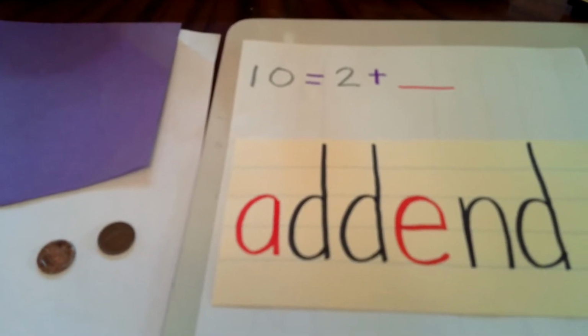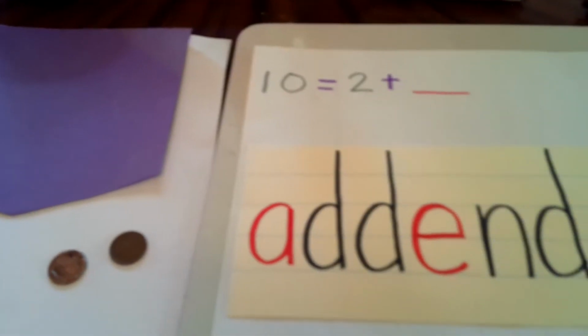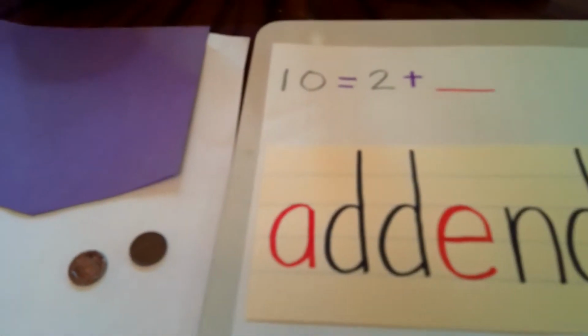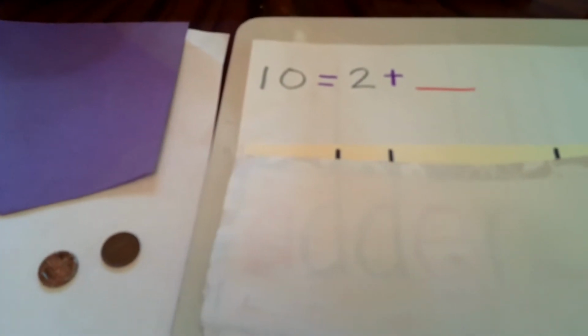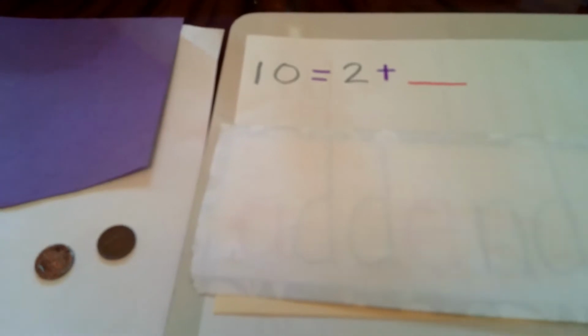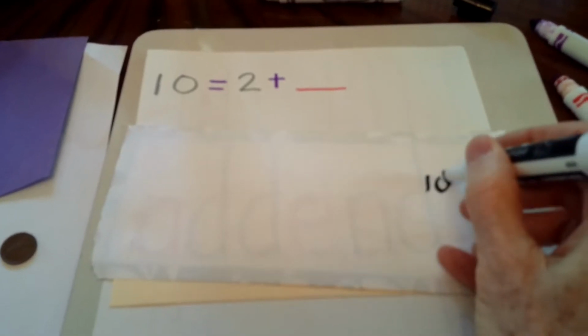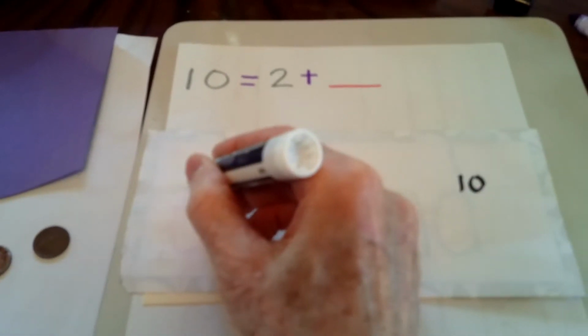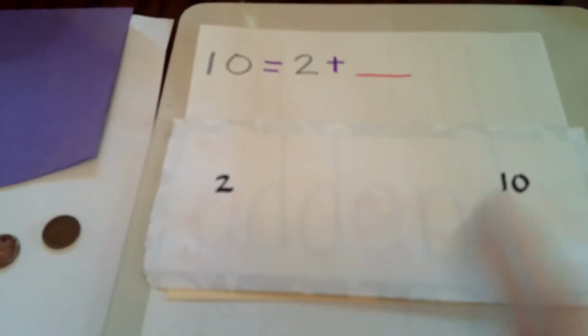Thinking right now. One of the easy ways of doing that is to think about 10. I'm at 2. How many dots would I make between 10 and 2?